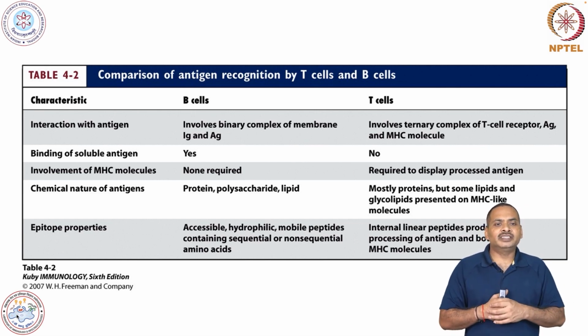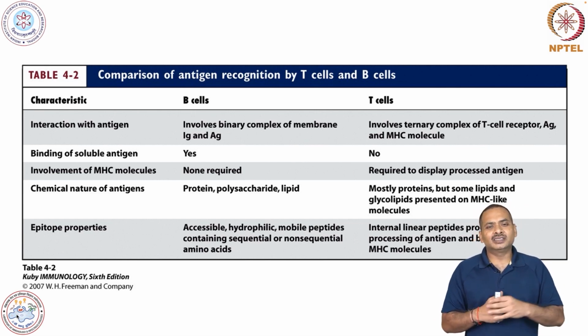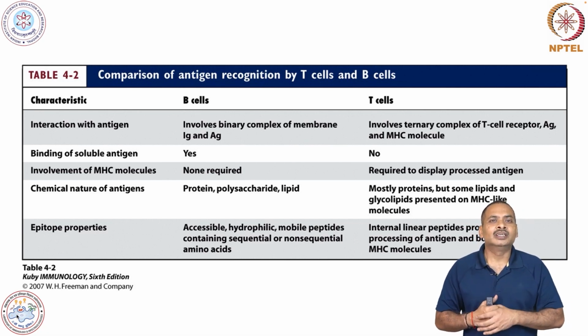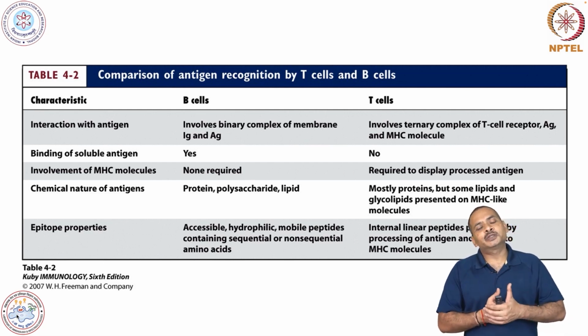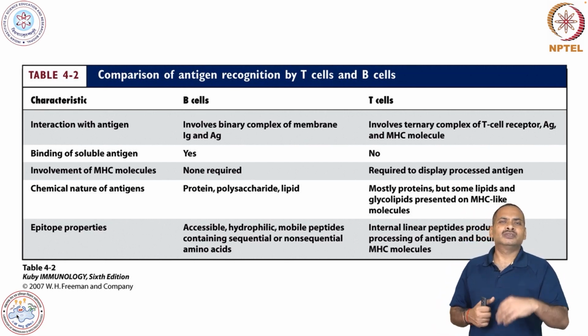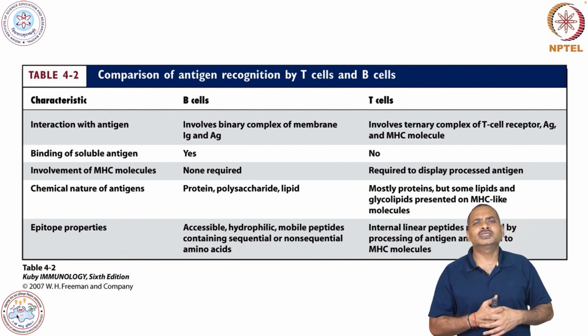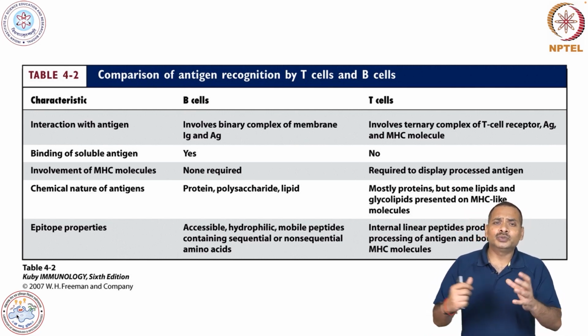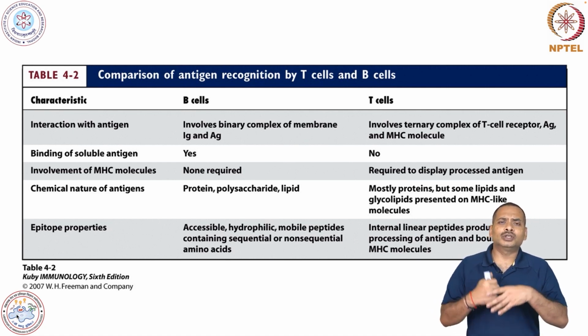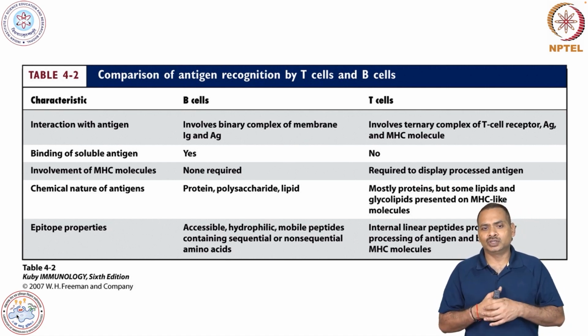Chemical nature of antigen: in the case of B cells, it is mainly proteinaceous, polysaccharide and very rarely lipids. I have explained that lipids cannot induce a good immune response, but when we want an immune response against a lipid molecule, we tag it with a carrier molecule, which can then induce the antibody response.